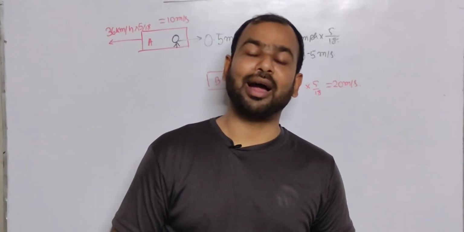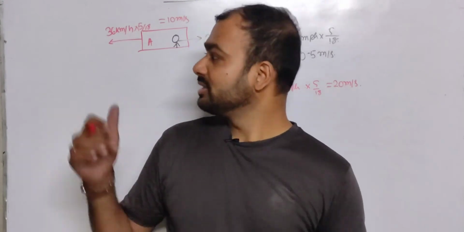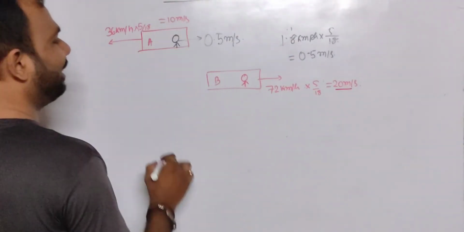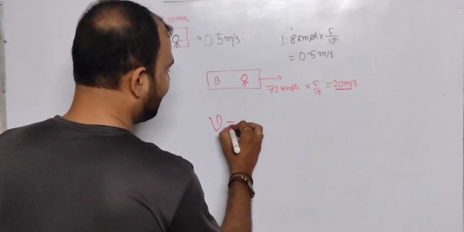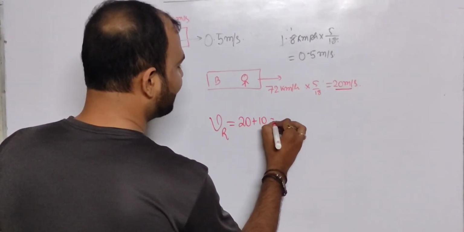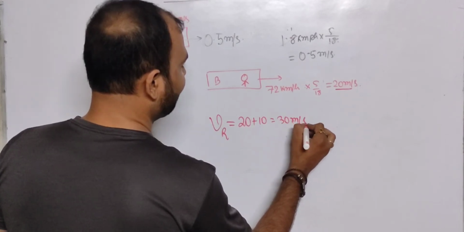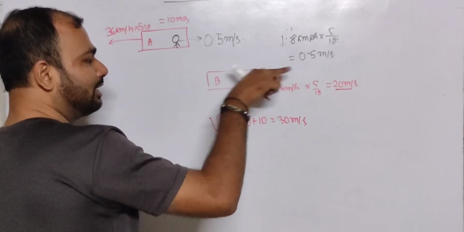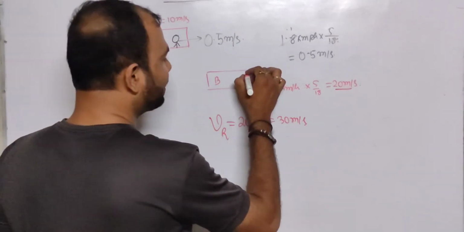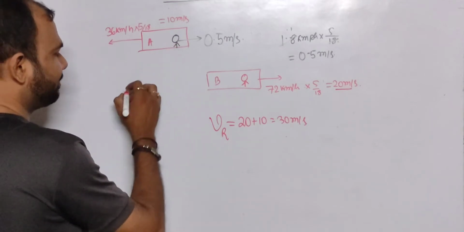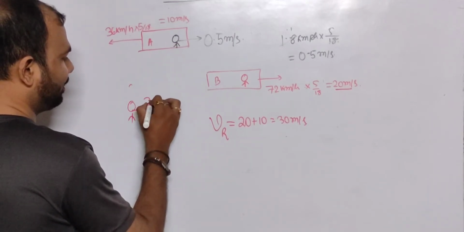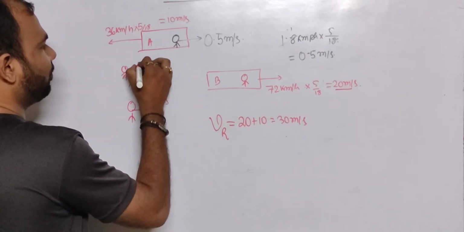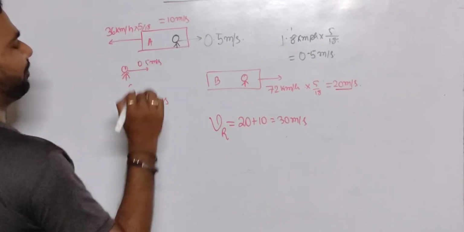At first we have to find the relative velocity of the trains. Since the trains are opposite in direction and the velocities are 20 and 10, v relative is 20 plus 10, that is 30 meter per second. He is moving with 30 meter per second, and this observer is moving with 0.5 meter per second.